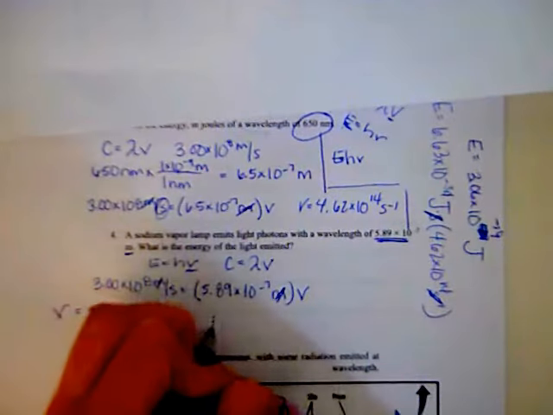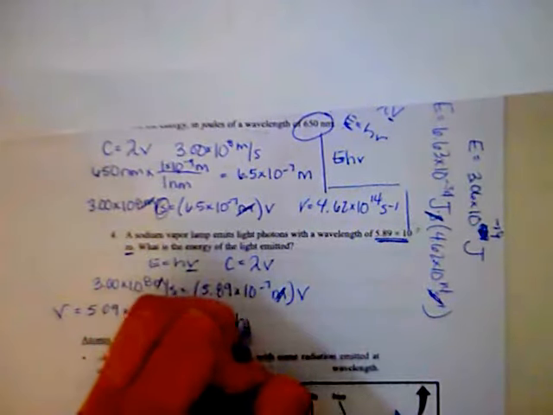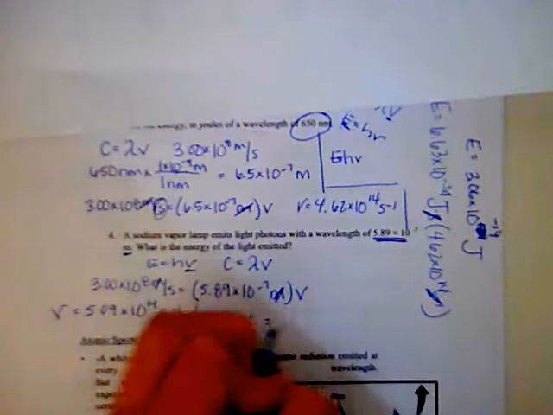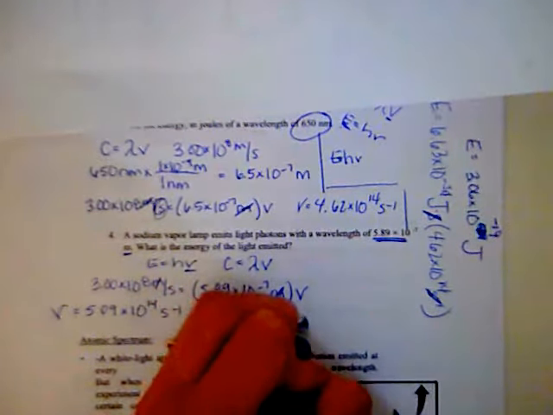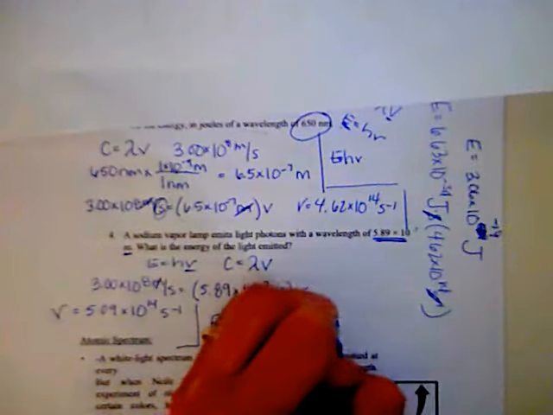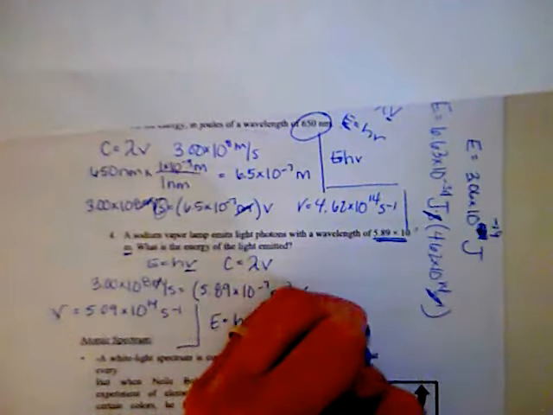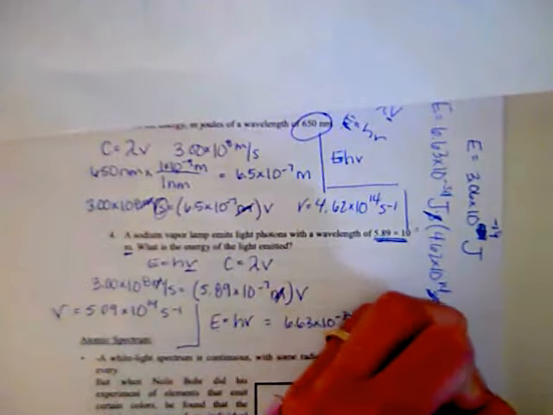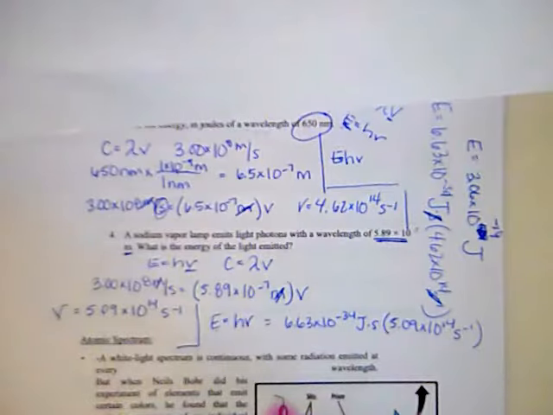So now E equals hν. Now I can find the energy at this frequency. h is 6.63 times 10 to the negative 34th joule seconds. It's Planck's constant. Times the frequency, which is 5.09 times 10 to the 14th seconds to the negative 1 power.